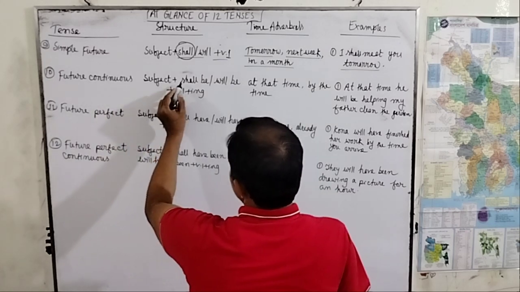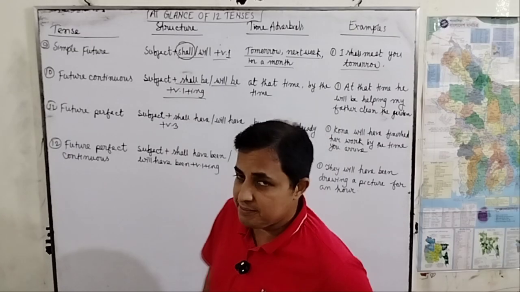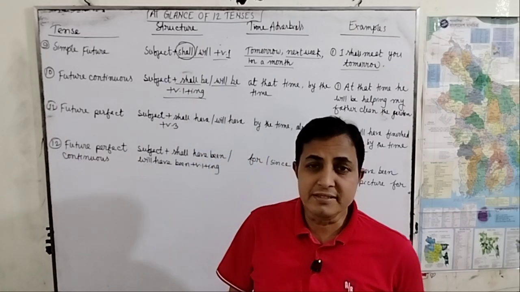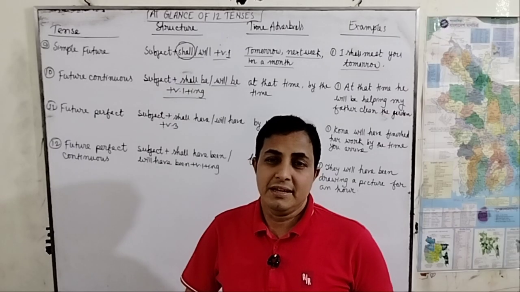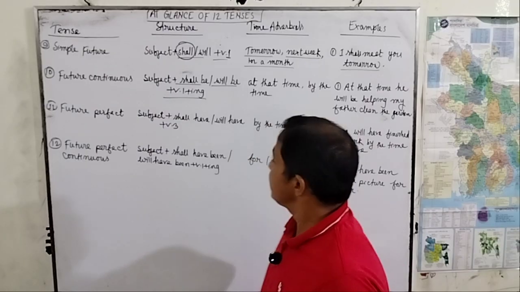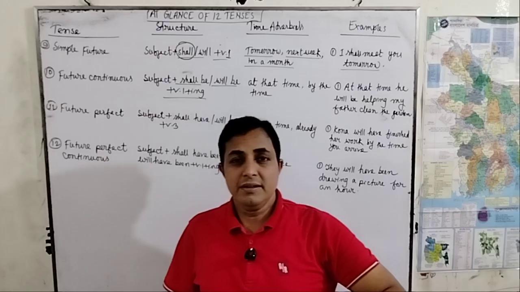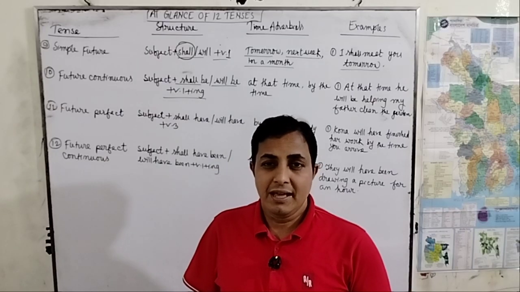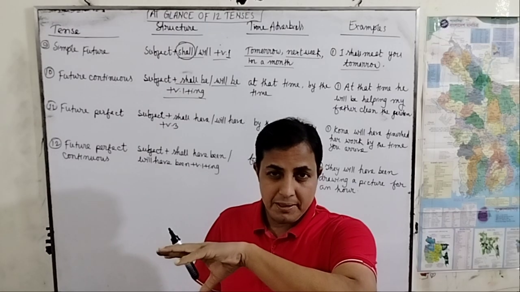Future continuous: subject shall be, will be, B1 plus ing. It's very similar. Every continuous tense after the auxiliary verb must take the present participle, that is, B1 plus ing. In the same way, after first person you have to use shall, and for the rest of the persons you have to use will.